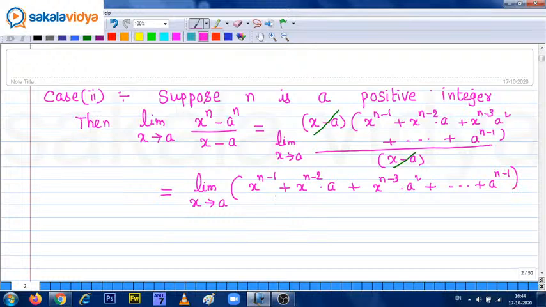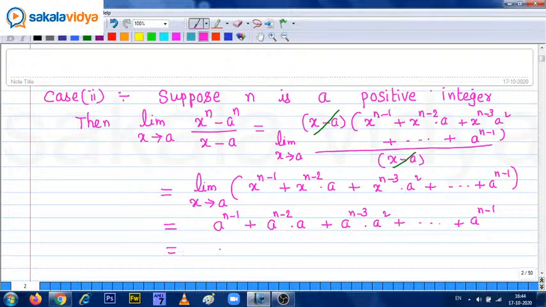So now it's a polynomial. Polynomial means directly we can substitute the limit. a to the power of n minus 1 plus a to the power of n minus 2 into a plus a to the power of n minus 3 into a square plus so on, a to the power of n minus 1.